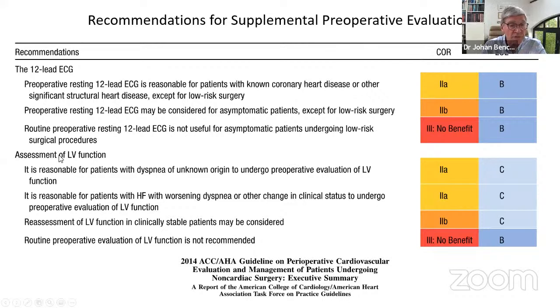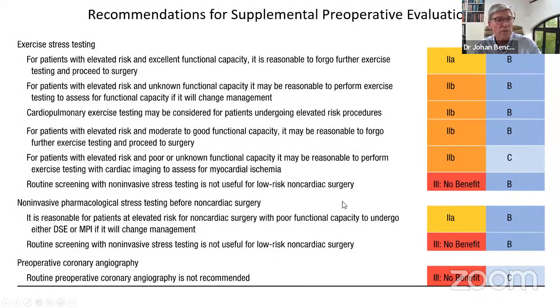If you want to assess the left ventricular function, it's basically the same. You don't do routine assessment of the left ventricular function on every patient, only on patients where it's indicated. The same with exercise stress testing. If you've got a patient with excellent functional capacity, then you don't do the tests on them, because routine screening has not been shown anywhere to be of any benefit.